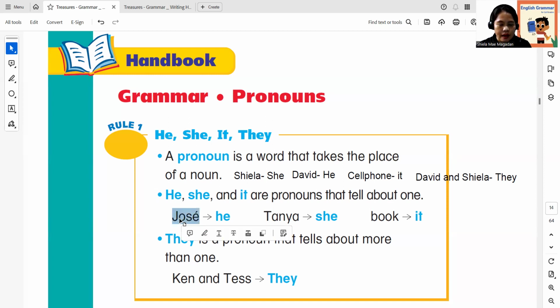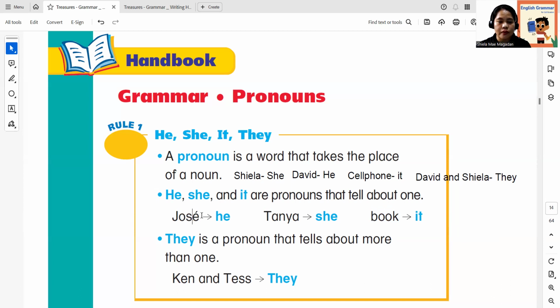You cannot call Jose a pronoun because this is a noun, a proper noun. You cannot call Tanya a pronoun either, because this is a proper noun for a girl, and also book is a common noun. So this is not a pronoun. It says here a pronoun takes the place of a noun.